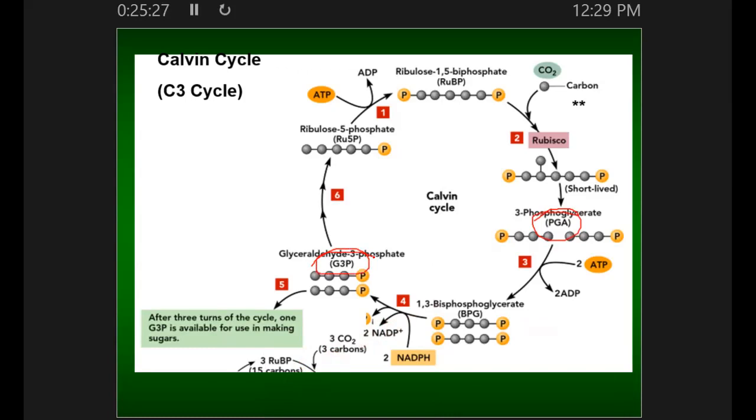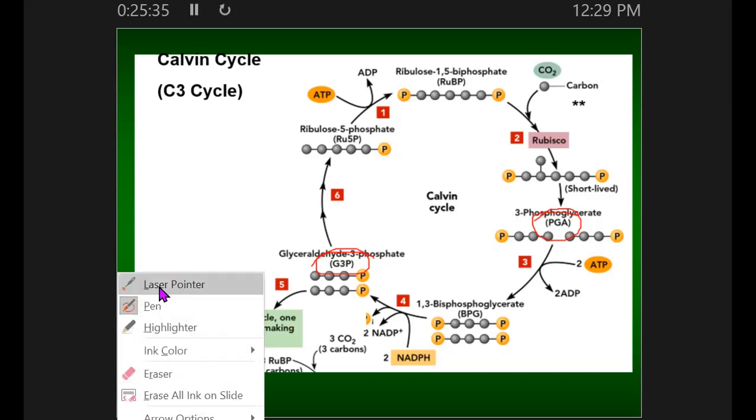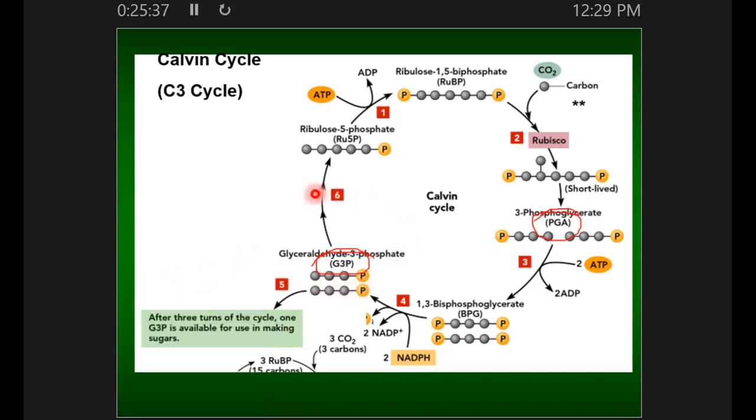All right, so here we have the PGA with the help of ATP is going to get converted to glyceraldehyde 3-phosphate. This is one of the intermediates, being shown here at the very bottom, which I don't really focus on.